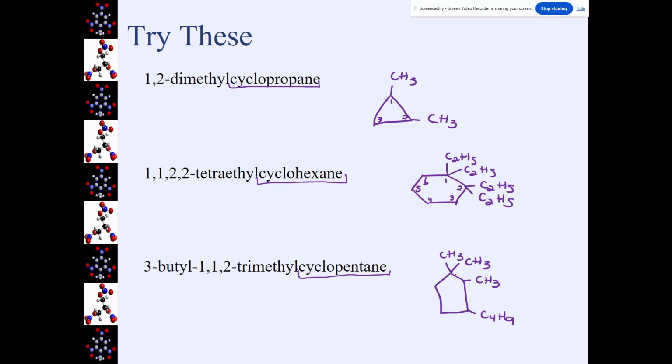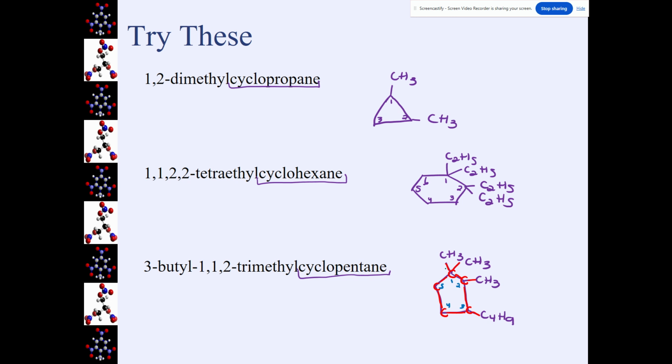There is a carbon here, a carbon here, a carbon here, a carbon here, a carbon there. I'm going to draw the bonds again as lines, making sure I have 4 bonds around every carbon to figure out where my hydrogens are. I'll draw my hydrogens as blue. This again was carbon 1, 2, 3, 4, 5.